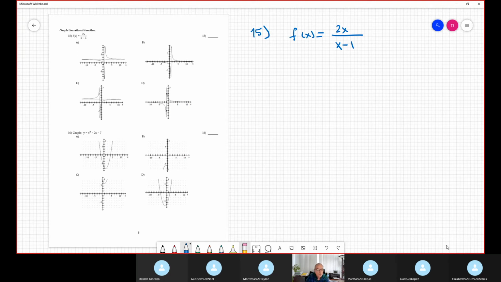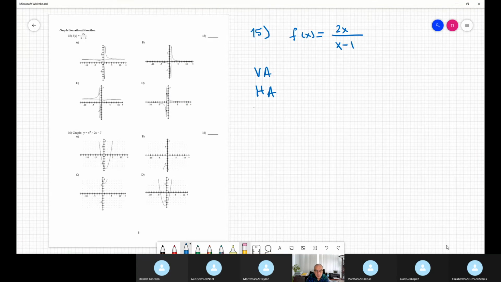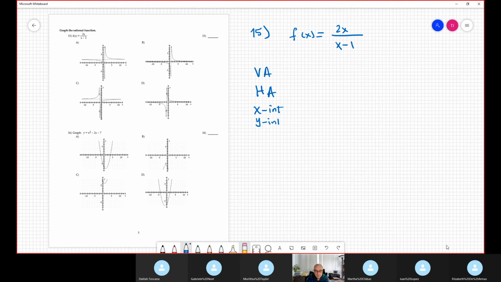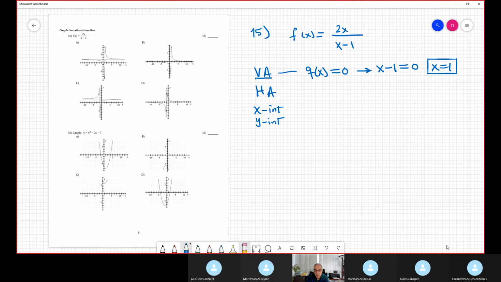That's too long, but let's focus on the important things: vertical asymptote, horizontal asymptote, and the x and y intercepts. To find a vertical asymptote, you always set the polynomial at the bottom equal to 0. In our example, x minus 1 equal to 0. Therefore, x equal 1 is our vertical asymptote.